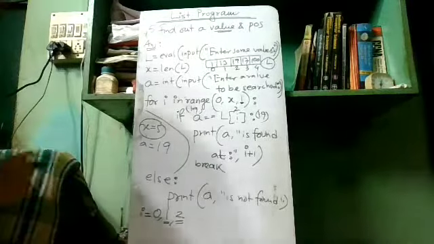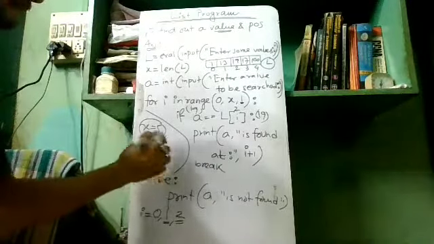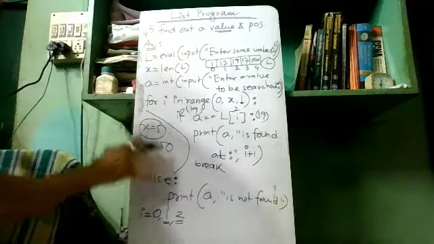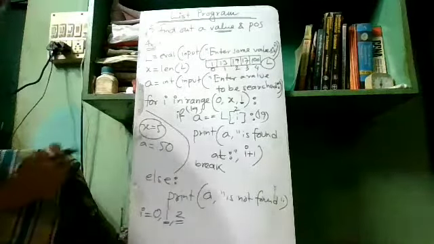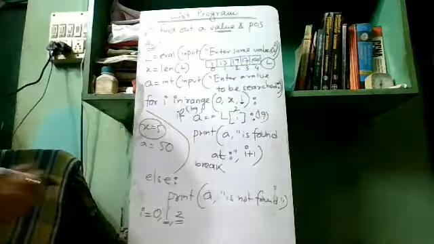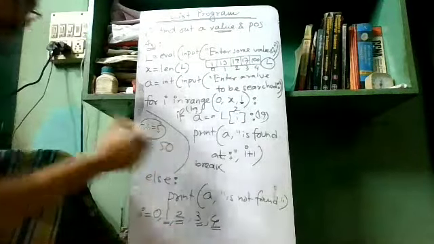Remember, suppose user has given 50. 1, 2, 3, 4 like this.